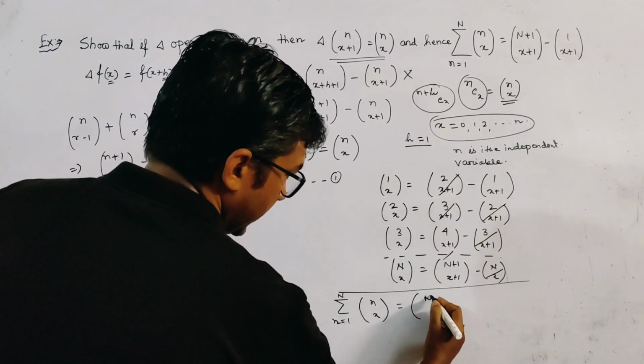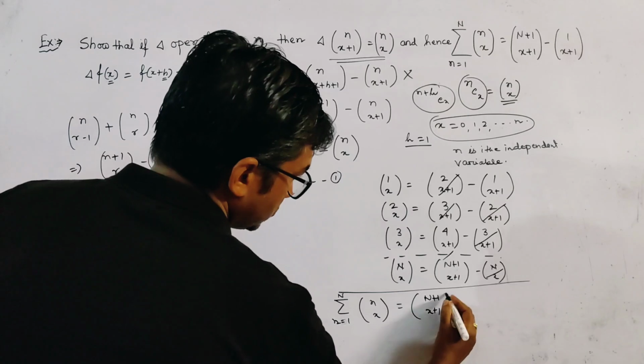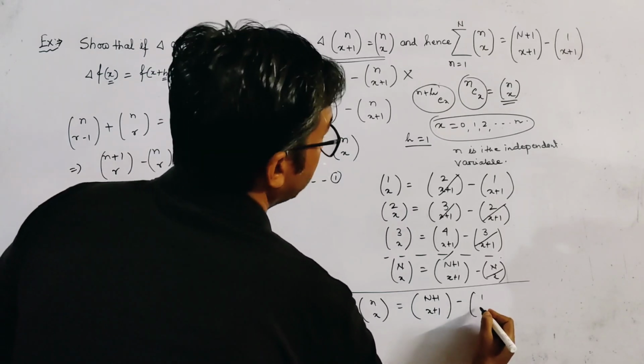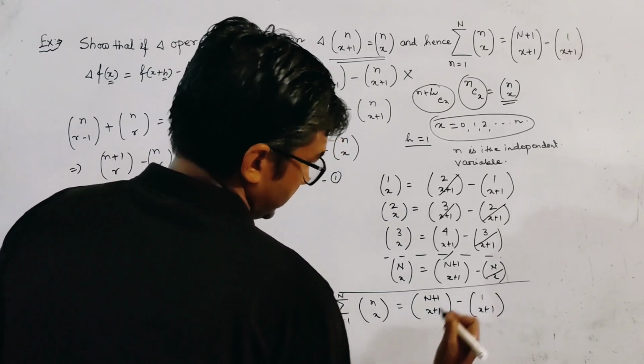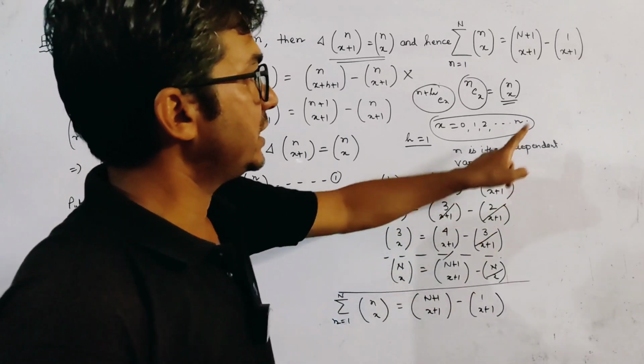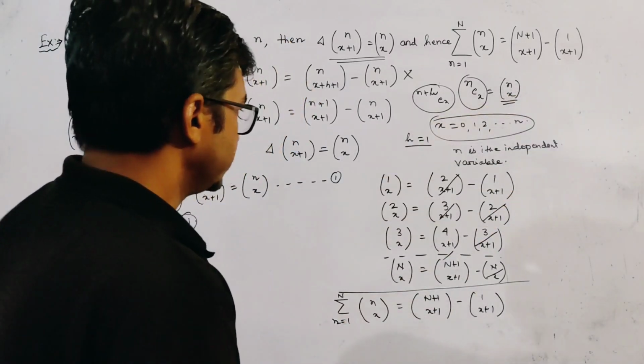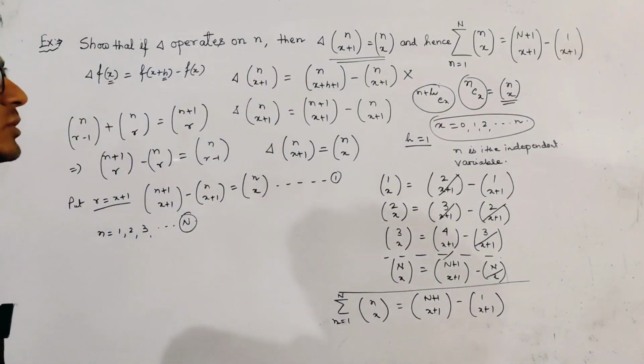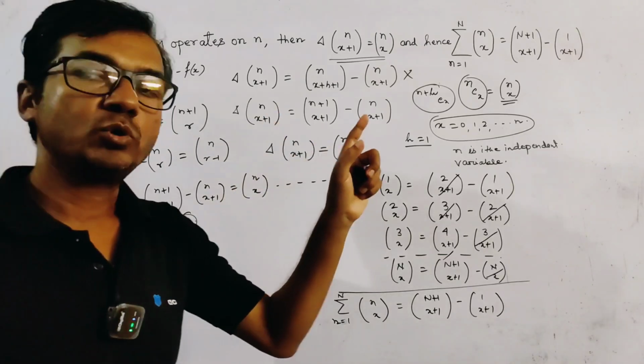So this is (N+1)C(x+1) minus 1C(x+1). This is the result on the right side, and this is a very important application of the forward difference operator.